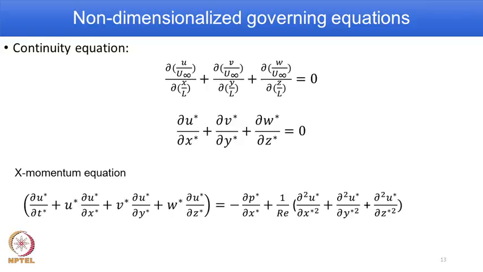You can extend this procedure to get the non-dimensionalized momentum equation, and that is given here. First term ∂u*/∂t*, similarly u* ∂u*/∂x* and so on up to the last term, also the viscous term.